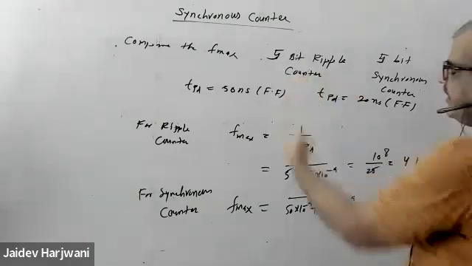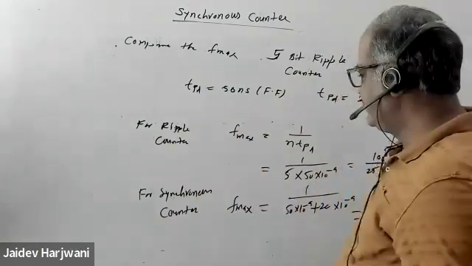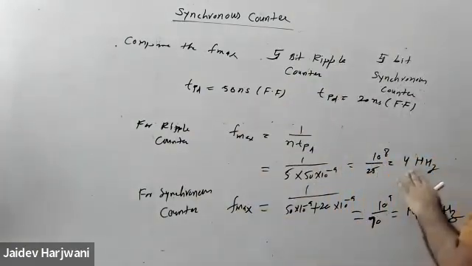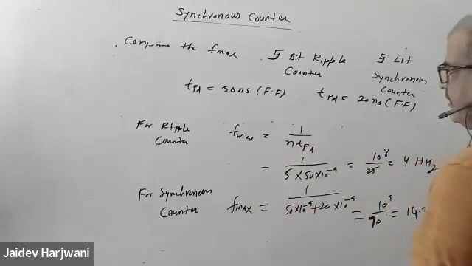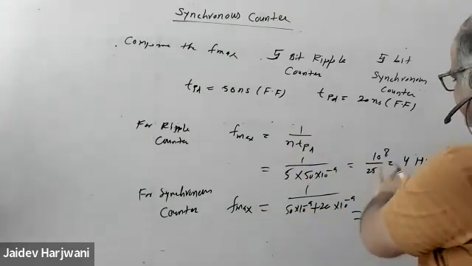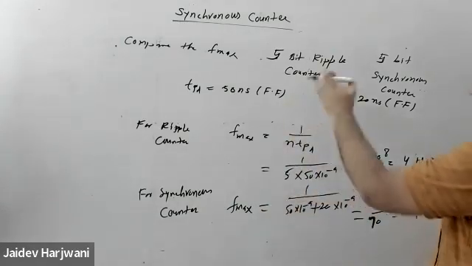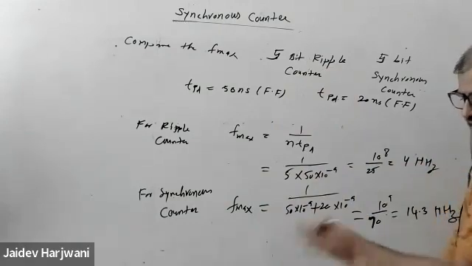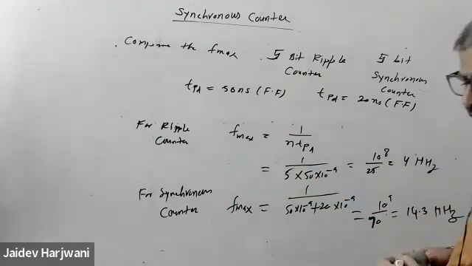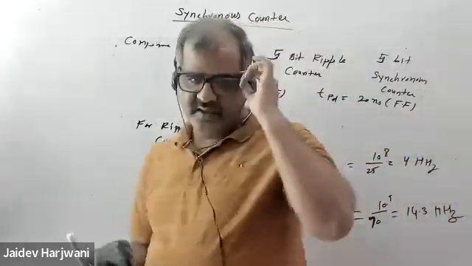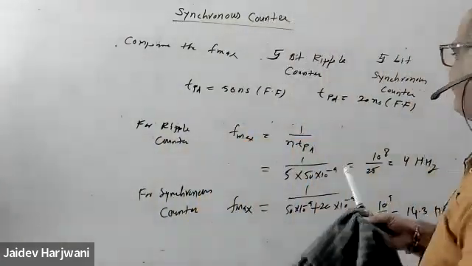So as the number of bits increases, the ripple counter becomes slower. Earlier it was 5 megahertz; if you keep adding flip-flops, the maximum frequency will decrease. While for the synchronous counter it is constant. Whether you take a 3-bit, 4-bit, 5-bit, 6-bit or 8-bit counter, the F max for the synchronous counter remains the same. So that is the advantage: compared to the ripple counter, the synchronous counter has a higher frequency, so it can count faster.